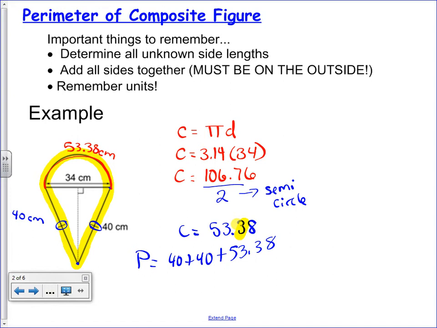So what do I get for a perimeter here? And why will you lose half a mark there? Yes, so centimeters. Okay, does anyone have any questions about that? That's a perimeter of a composite figure.